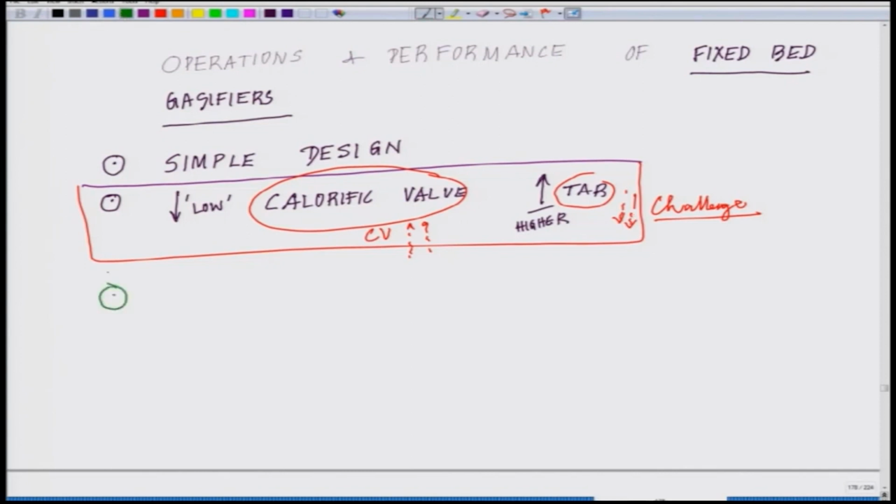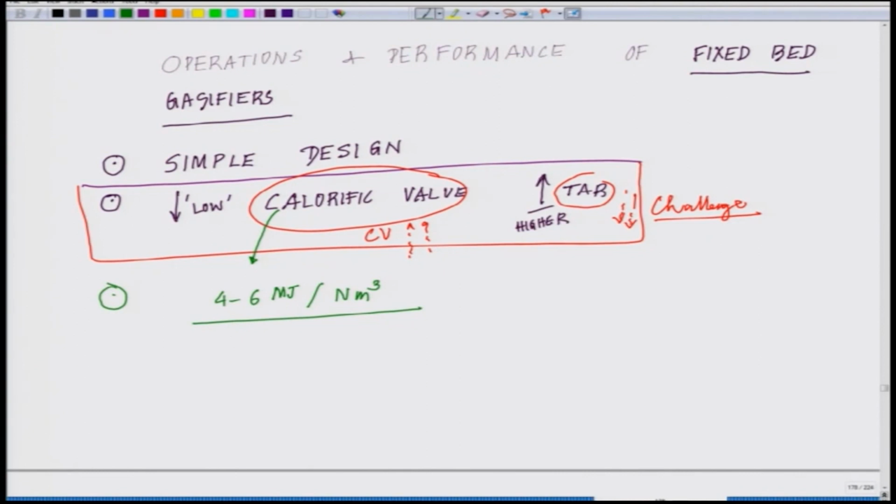Now, third important point, what are the composition? What kind of calorific values you get? It is around, if you remember in the previous class we have talked about megajoule per Newton meter cube. This is the kind of calorific value which is fairly low, and if you remember the natural gases we talk about, if you see this 4 to 6, you always have to compare with the natural gases which is around 36.